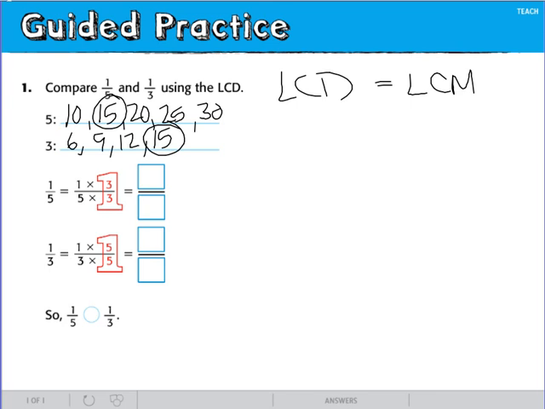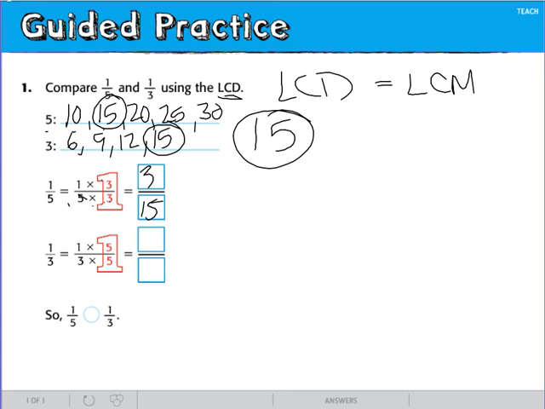So my least common multiple, or my least common denominator, is 15. Okay? So then I take my 1/5 and I say 1/5 times what equals 15? 5 times what equals 15? Well, 1, 2, 3. So I have 3 over 3. 3 over 3 equals 1. I'm going to end up with the same fraction. 5 times 3 is 15. 1 times 3 is 3.